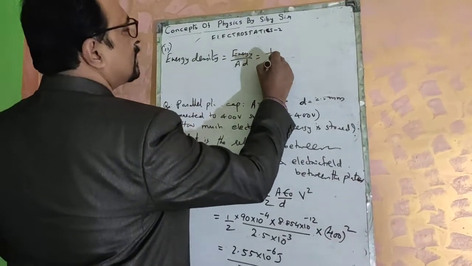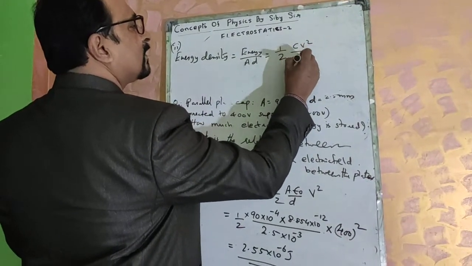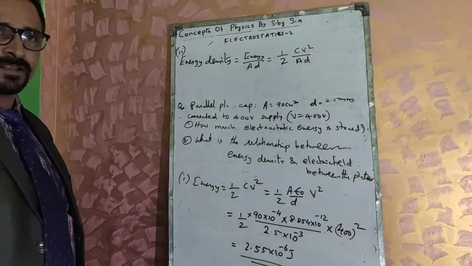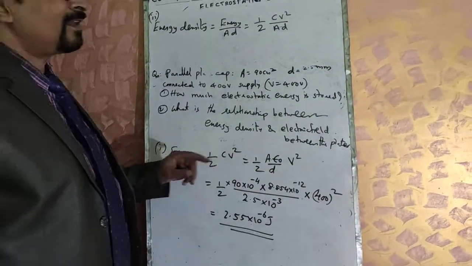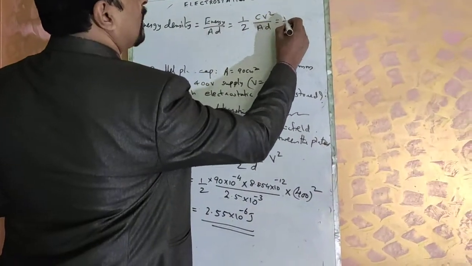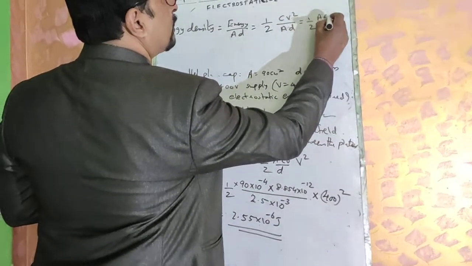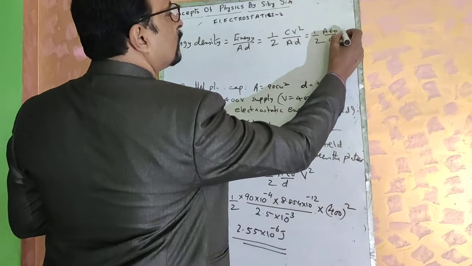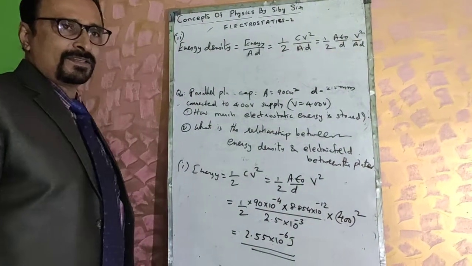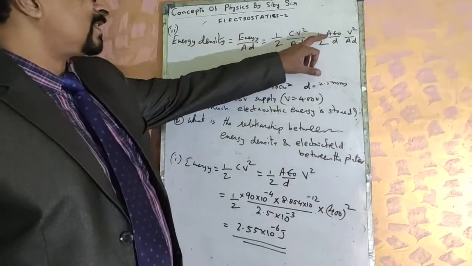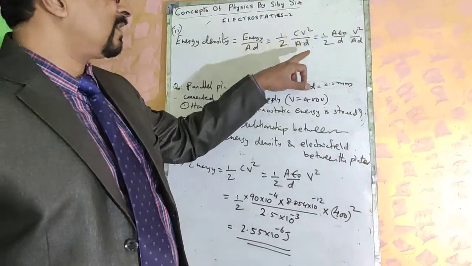So energy is half CV square by AD. Is it right? Now instead of C, what you write? C is A epsilon naught by D. So just substitute that here. Half into A epsilon naught by D into V square by AD.